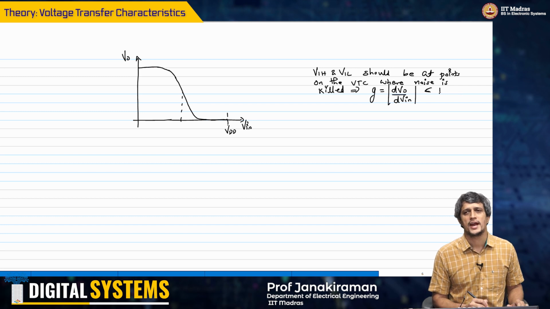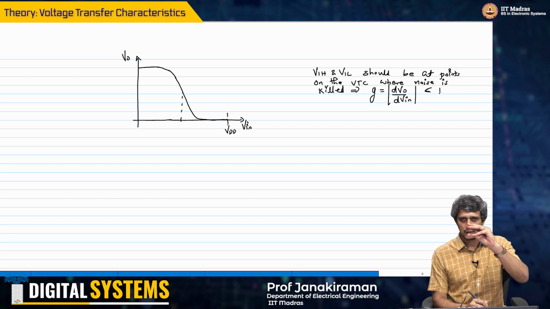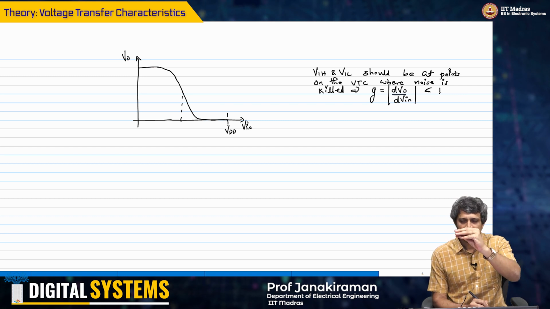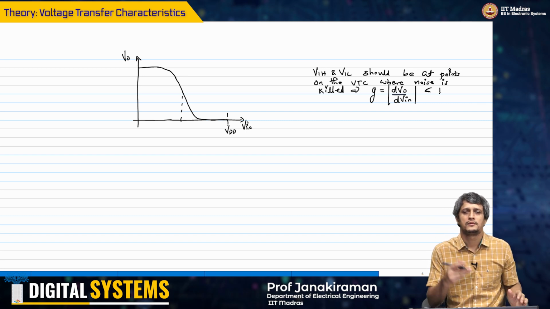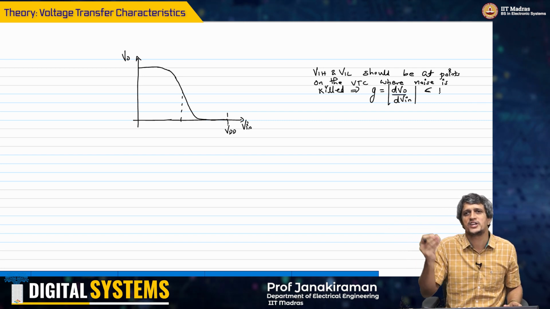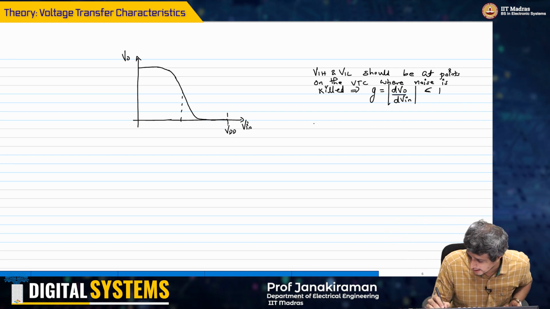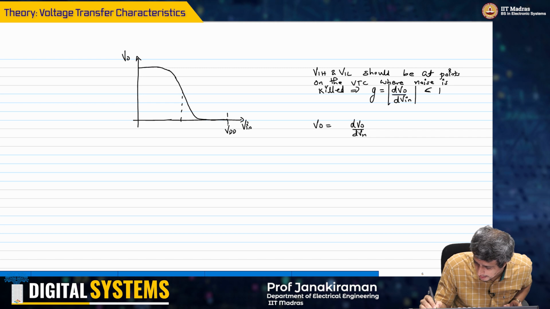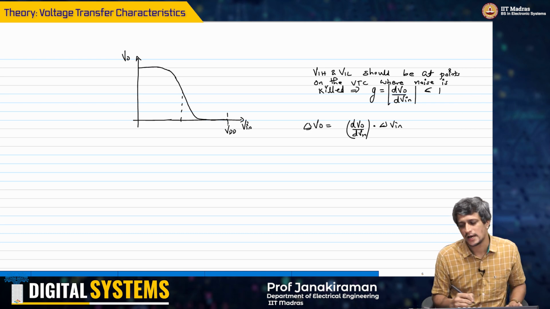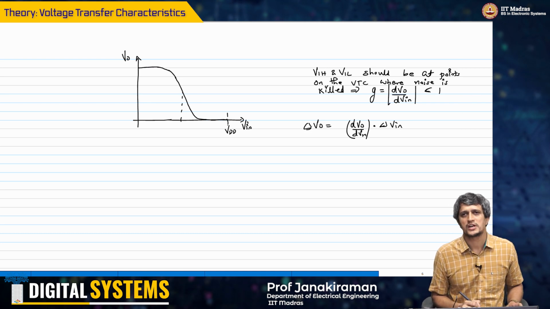The modulus of the gain should be less than 1, because in that case V out will be gain times the change in input. So V out is dV out by dV in into delta V in.